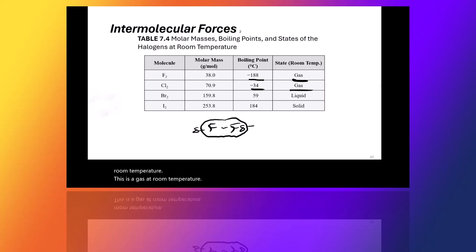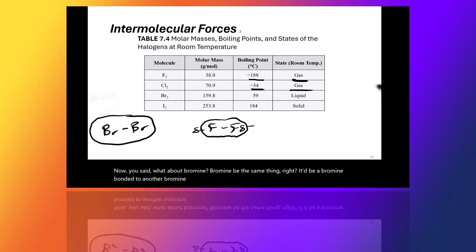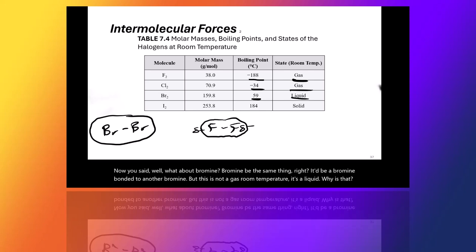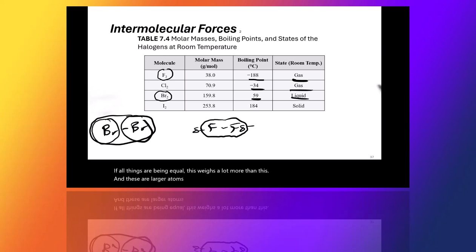Now, you say, well, what about bromine? Bromine would be the same thing, right? It'd be a bromine bonded to another bromine. But this is not a gas at room temperature. It's a liquid. Why is that? Well, if all things are being equal, this weighs a lot more than this, and these are larger atoms than fluorine. So what happens is the larger the atom, the more the electrons can become separated.